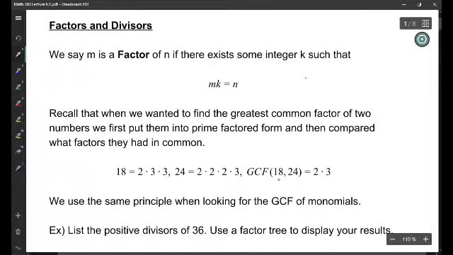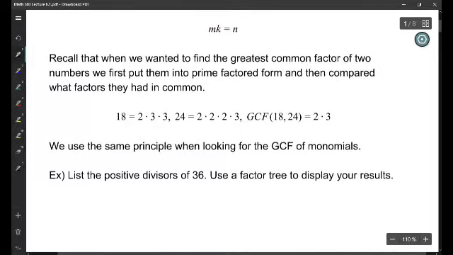And recall that when we wanted to find the greatest common factor of two numbers, we first put them into prime factored form. So consider 18 and 24. Prime factored form of 18 is 2 times 3 times 3. Prime factored form of 24, 2 times 2 times 2 times 3.